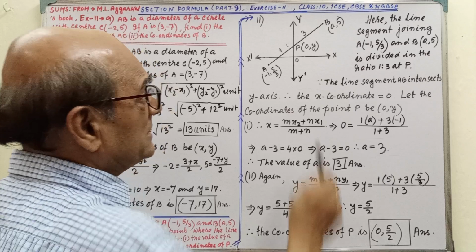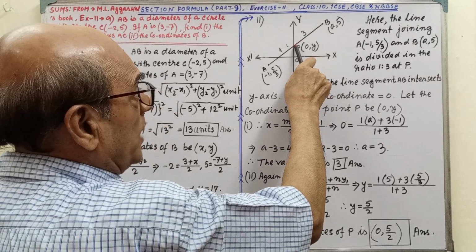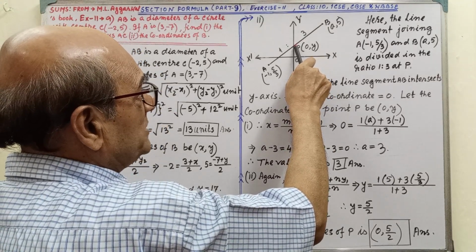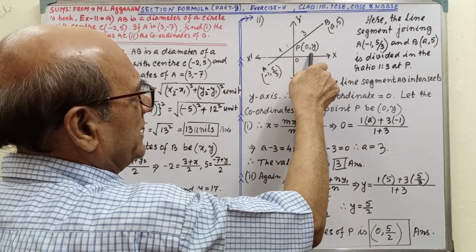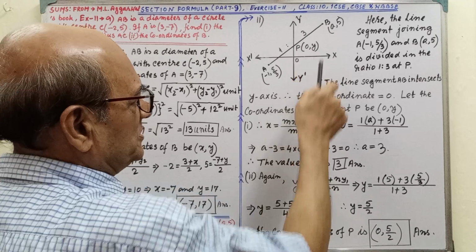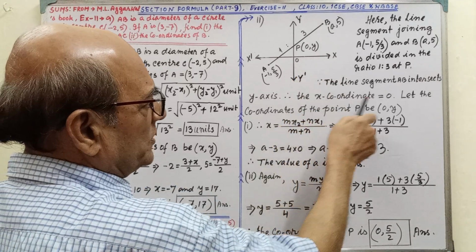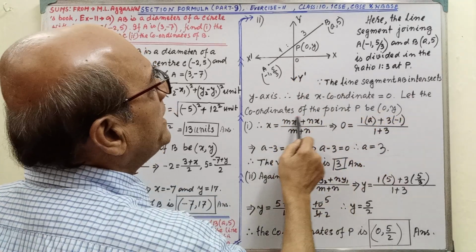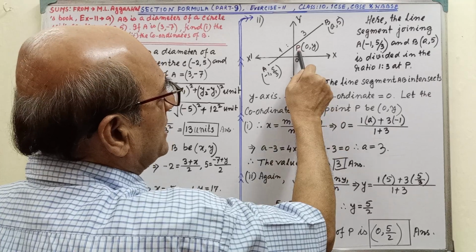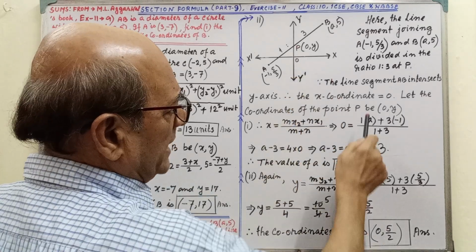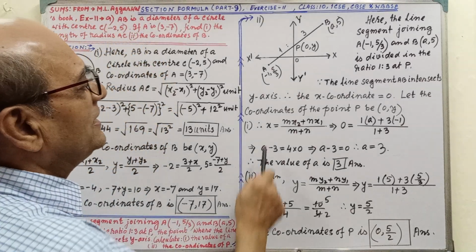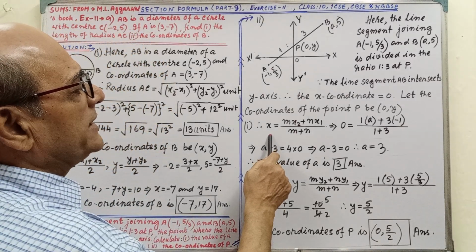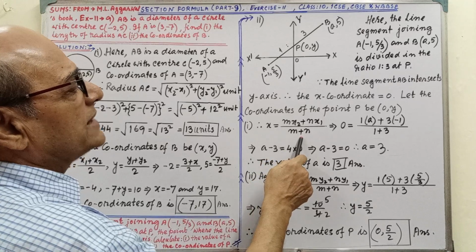When any line segment intersects the y axis, then the x coordinate will be 0. If it intersects the x axis, then the y coordinate will be 0. This is why the x coordinate equals 0. Let the coordinates of P be 0, y. Now the section formula, that is x equal to mx2 plus nx1 divided by m plus n.